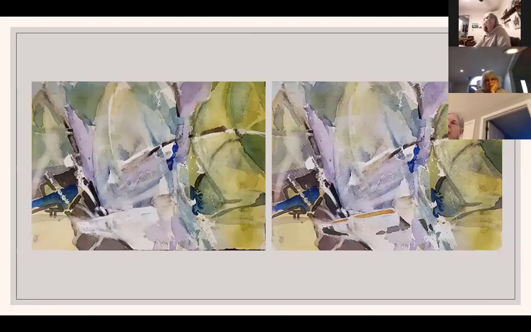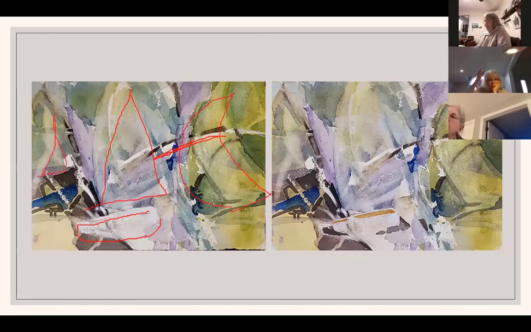Kind of lost and found that dark shape I had here. And I recognized that I wanted it to look more like that other one that had the boat. And I kind of had the shape of the sail. So I repeated that shape here, and I started to suggest it over there.